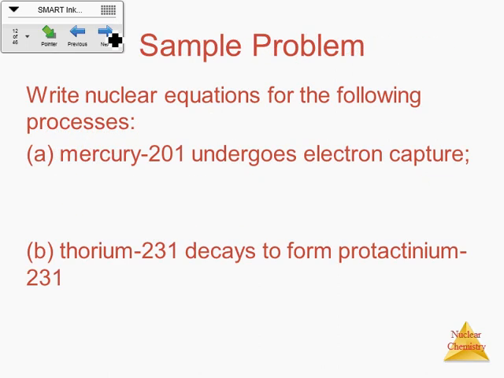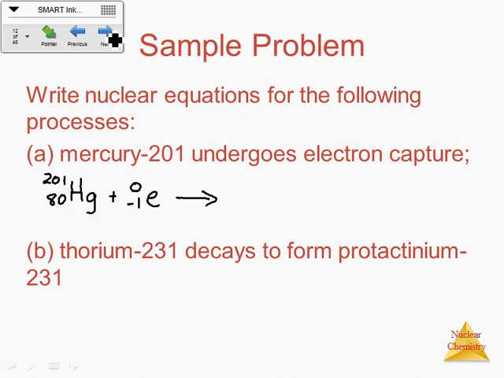Nuclear equations for the following processes. Mercury 201 undergoes electron capture. Mercury is Hg, 201 is the mass number, and the atomic number for mercury is 80. It's going to undergo electron capture. Because it is capturing an electron from outside, we're going to put the electron on this side of the equation, negative 1, e.